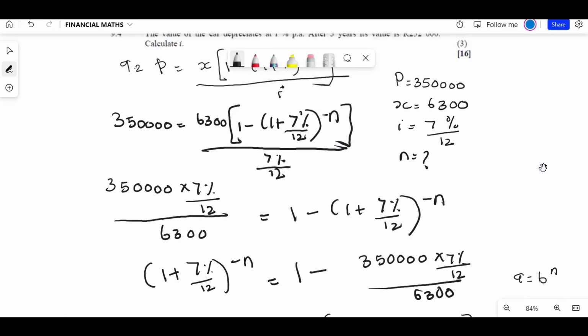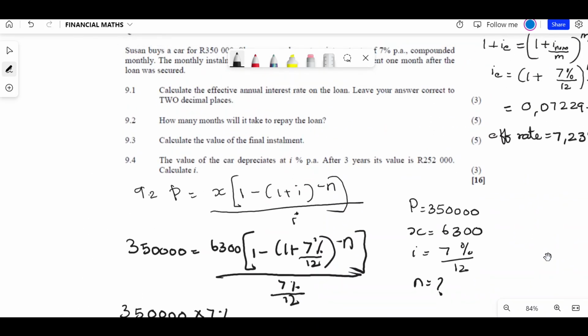Now the last question in the question paper, 9.4. The value of the car depreciates at i% per annum. After 3 years, its value is 252,000. Calculate i. Do you have any equal monthly payments or anything here? No. And also the question clearly states depreciation.